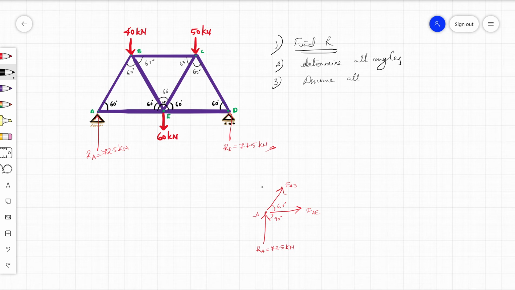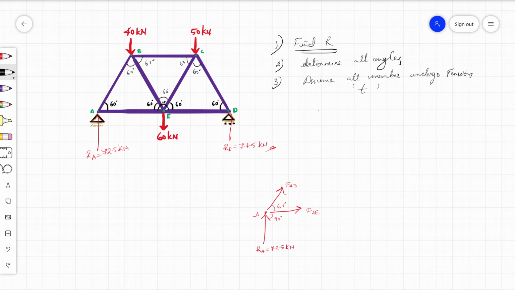all members undergo tension. That's it. Assume all members undergo tension. That means I assume first everything undergoes tension. Then if the value comes as negative, then it becomes compression.